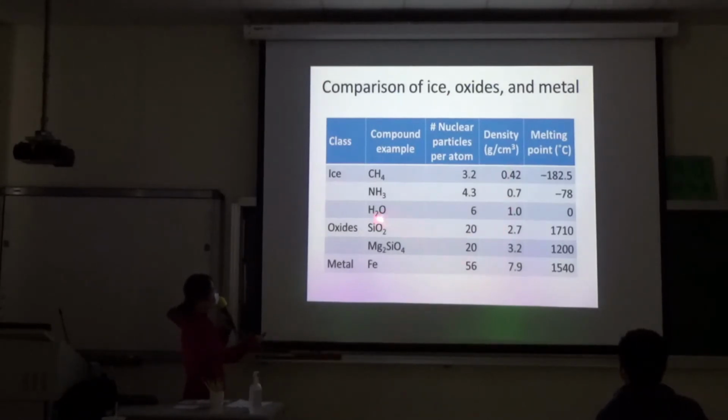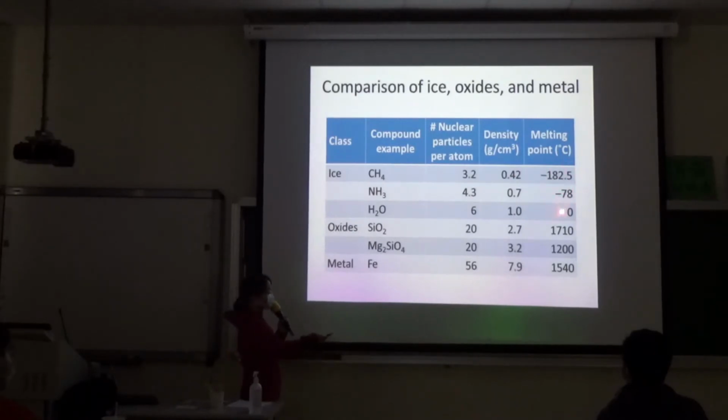Okay, and you can see their melting point, because let us talk about volatile. When we talk about something volatile, we look at their melting point. If the melting point is low, that means this substance is volatile. They can become gas at low temperature.